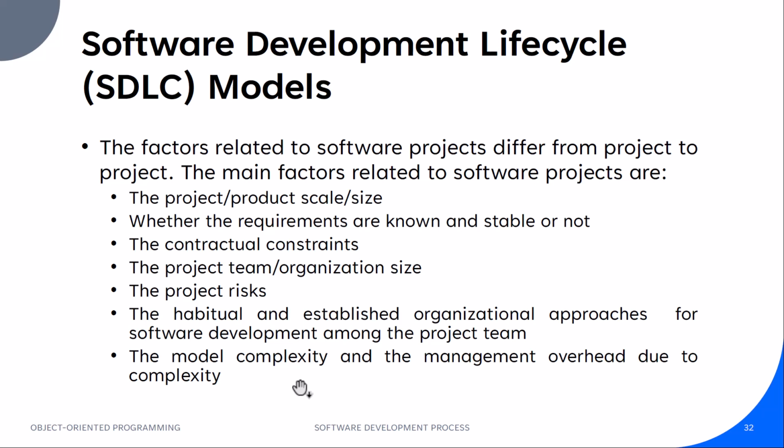So the model complexity may also be an issue if our team is not trained for a particular model. Therefore, there are also other factors that may affect our choice in choosing a particular software development lifecycle model, and you will learn about these in the related software engineering courses.